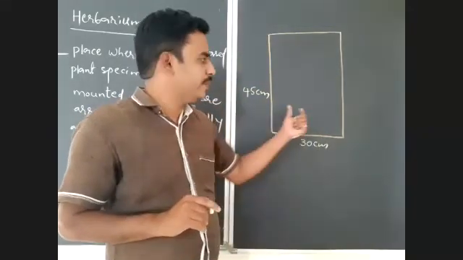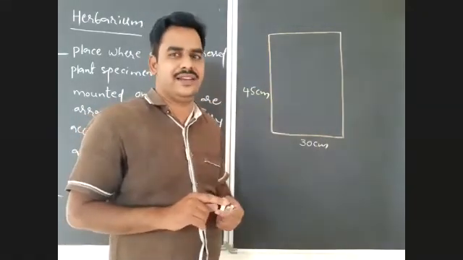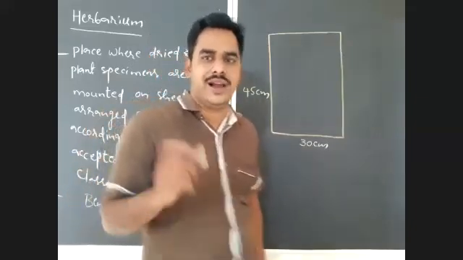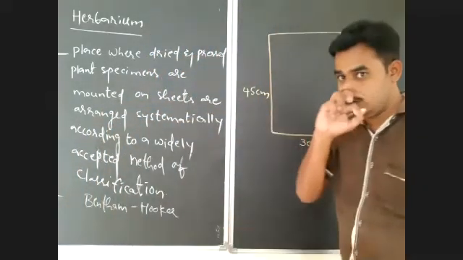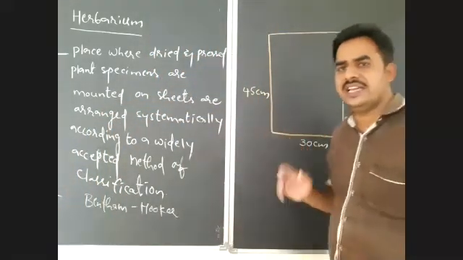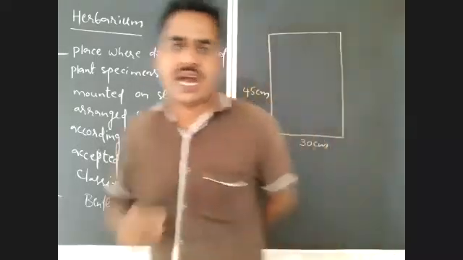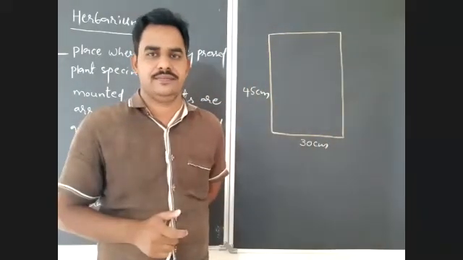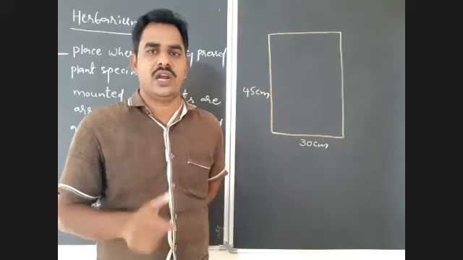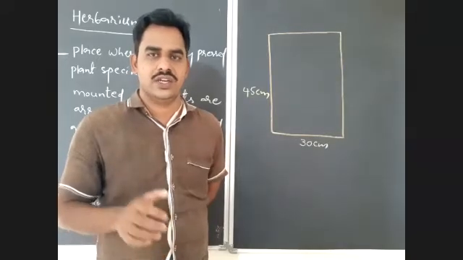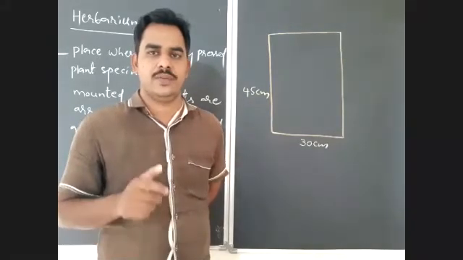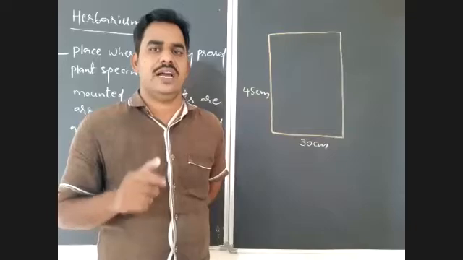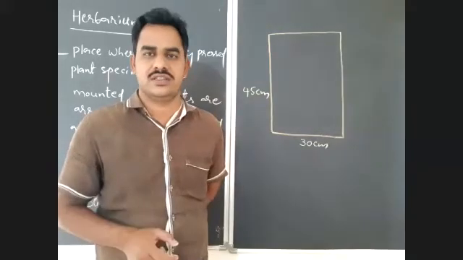So how to prepare a herbarium for a plant or a branch of a plant? To prepare the herbarium, first you have to collect the plant material in your localities, from your surroundings.